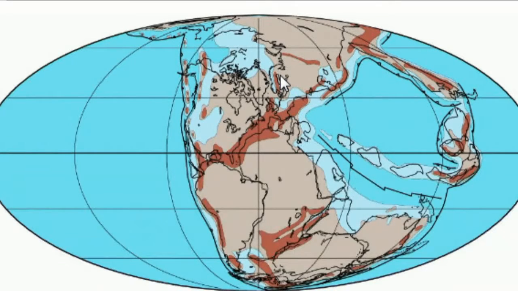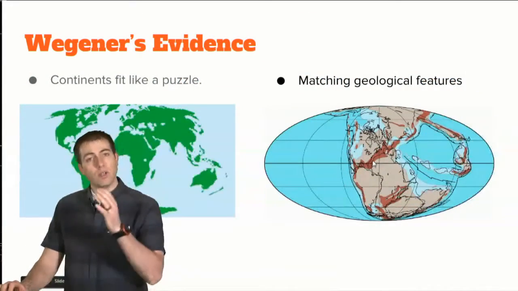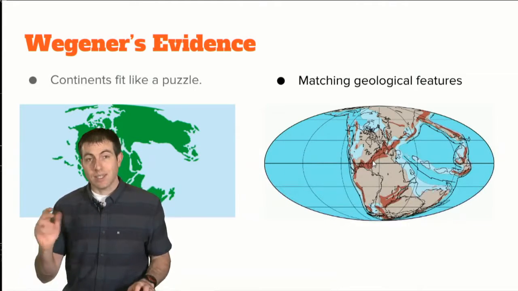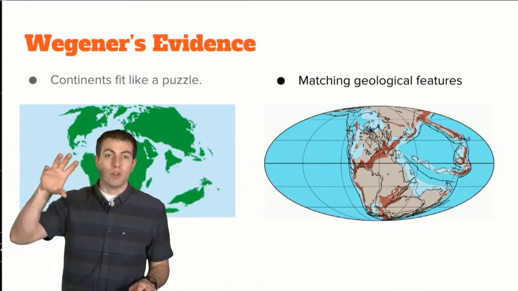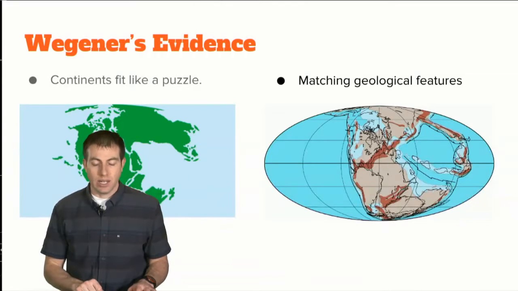So he started looking at these mountain ranges, and he found that the Appalachian Mountains that run through the east coast of North America were made of the exact same rock that existed in the northern United Kingdom and into Scandinavia.